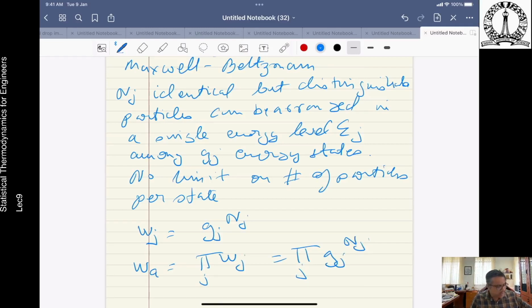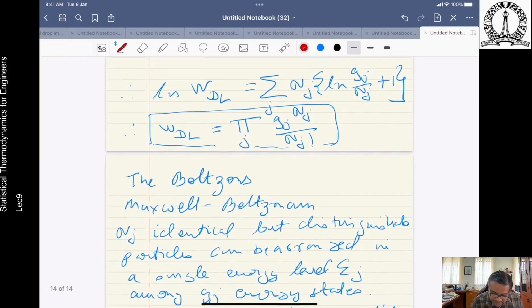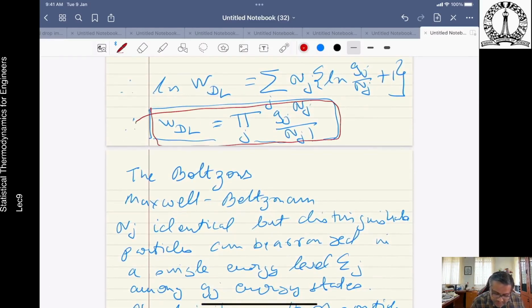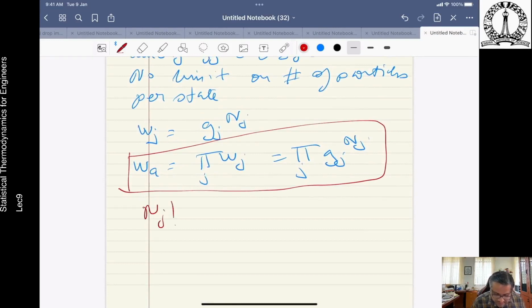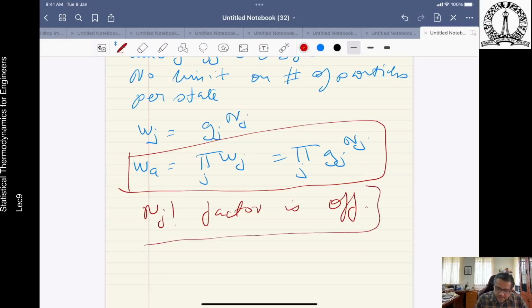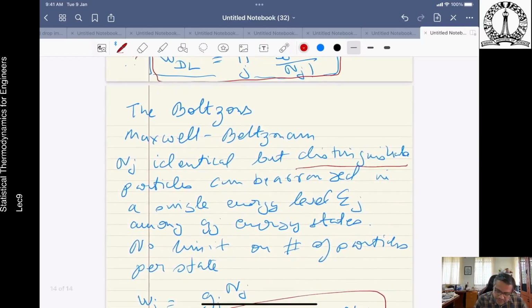Now if you compare this expression, which is what Boltzmann did, with the one here in the dilute limit, you will see that basically there is an Nj factorial factor which is off. That is because in comparison to bosons and fermions, we do recognize that for distinguishable particles, a new microstate is formed where the particles are interchanged among the energy levels. So this is where Boltzmann got it wrong, because he assumed that the particles were distinguishable.